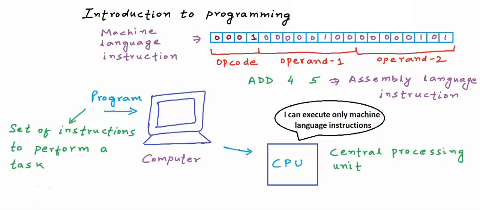But wait a minute, didn't I say that CPU that has to execute all the instructions will understand only machine language instructions? This guy is shouting it out loud here that I can execute only machine language instructions. So how can we write program in assembly language or whatever we are talking here?